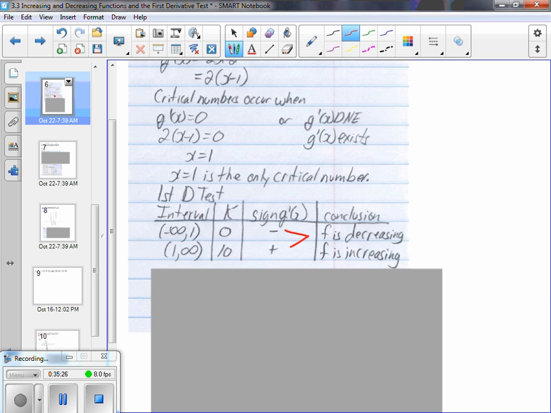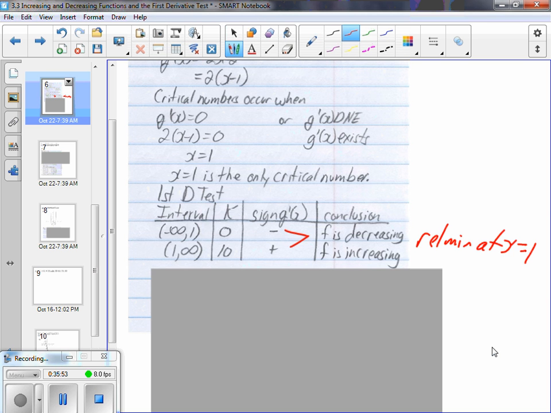Then the derivative's positive, so the function's going up. Relative minimum. So I know for a fact there's a relative minimum. You don't have to write this down. I'm writing it down so you see it. Relative minimum at x equals 1. Right? We would, yeah, you probably can. Let's stick with relative. It's safer.